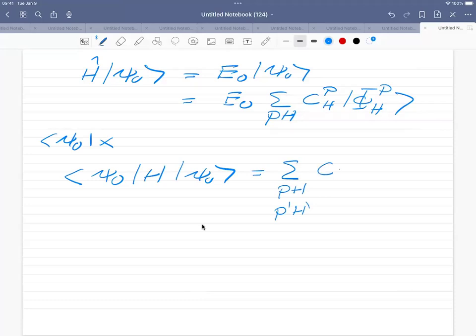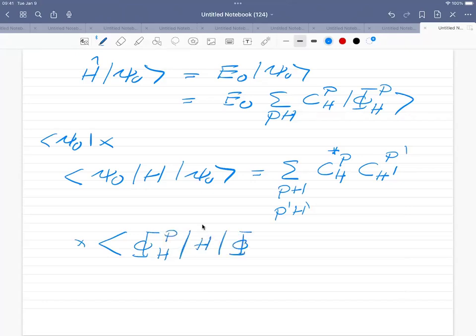So we have C of h p complex conjugate times C of h prime p prime. And this is multiplied by a state, hp, and then we have the matrix element, as we are calling them, between these orthogonal basis states. And this is going to be equal to E0, which is just a constant.